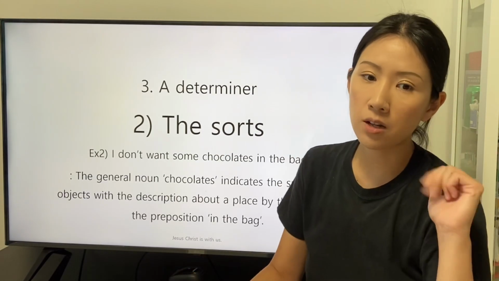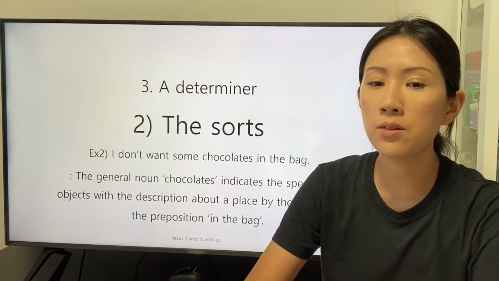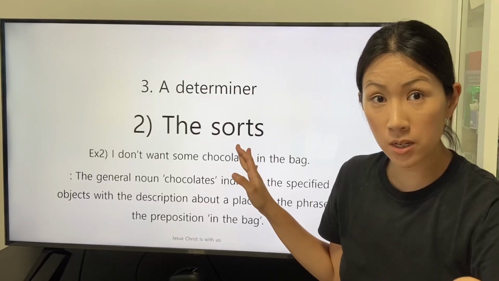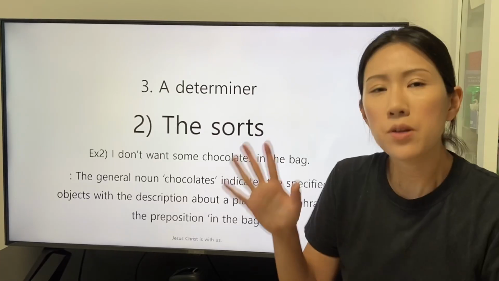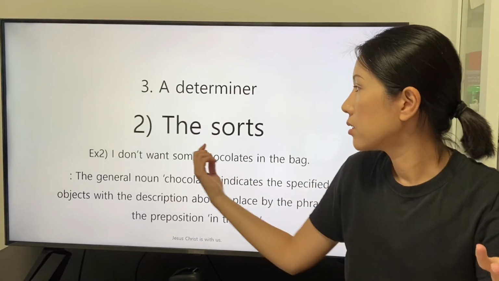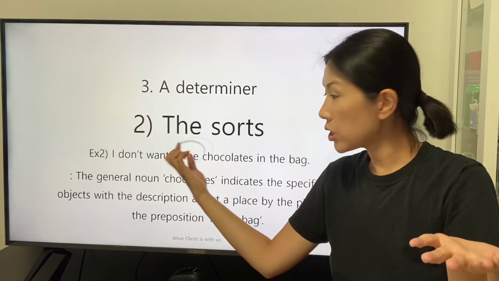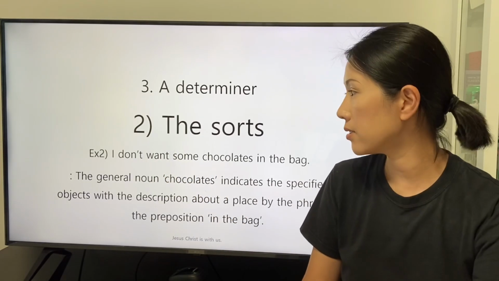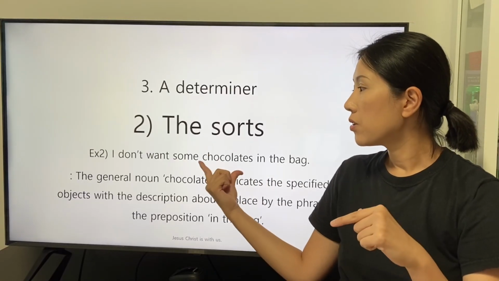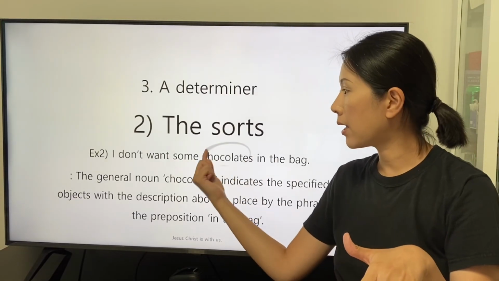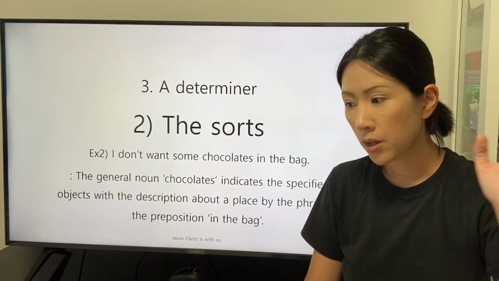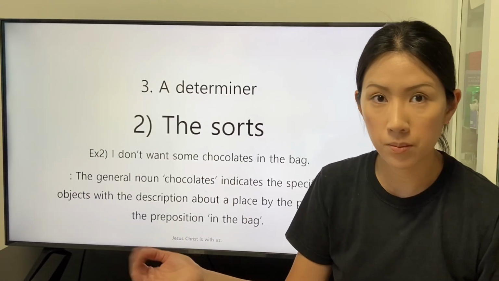There is a second clause, I don't want some chocolate in the bag. This clause is stated in the negative statement. The speaker applies the determiner some. The listeners can understand that the object indicated by the general noun chocolate are predetermined.